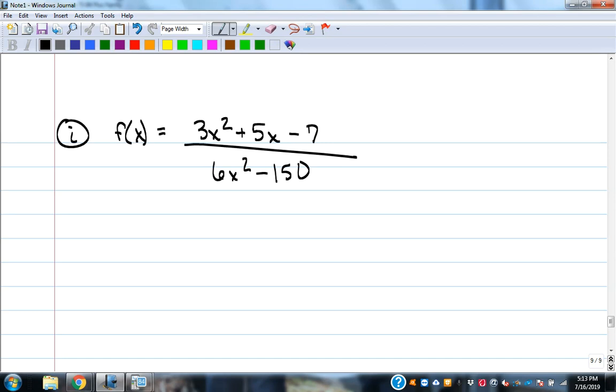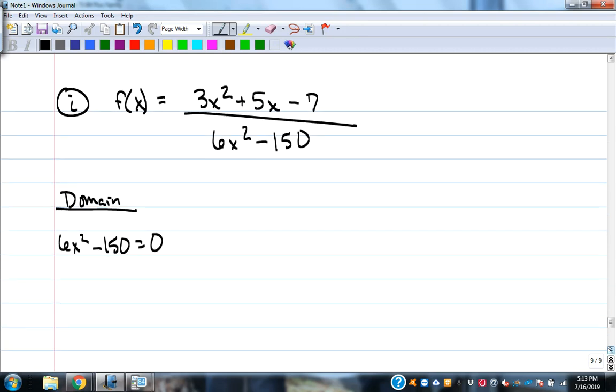So domain first. 6x squared minus 150. Set the denominator equal to 0 and factor it if possible. I go through my rules of factoring. GCF is first. So what will go into 6 that will also go into 150?